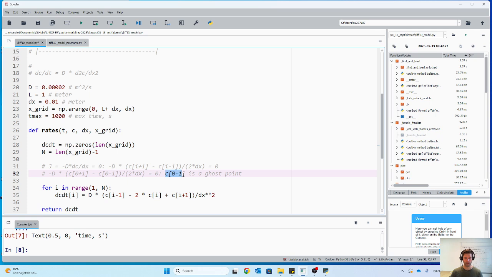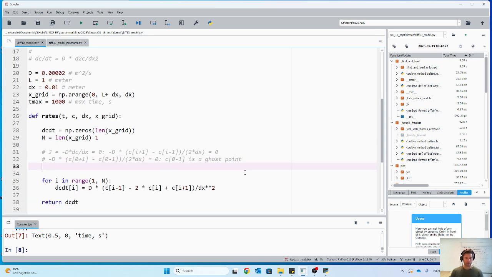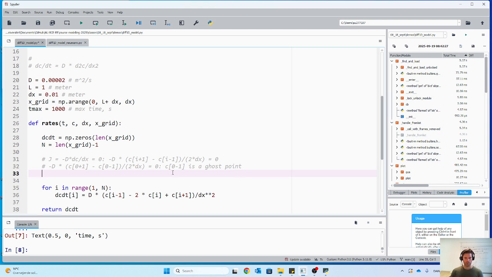However, if you evaluated this directly as code, it would take the last point instead, because remember when you index it like this, it takes the last point instead of the point before the model domain. Okay, so if this is a ghost point, we have a problem, right? Because it's not defined in our domain. But we can look at it like this.